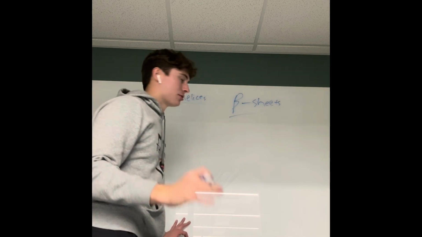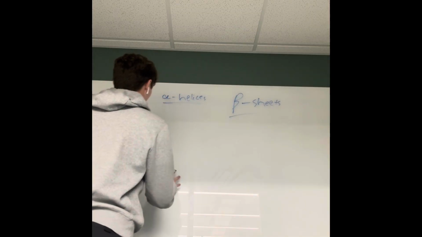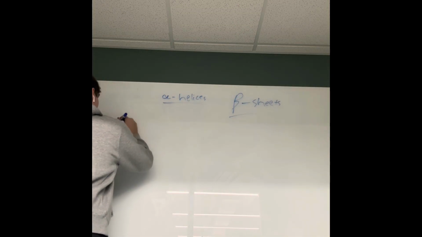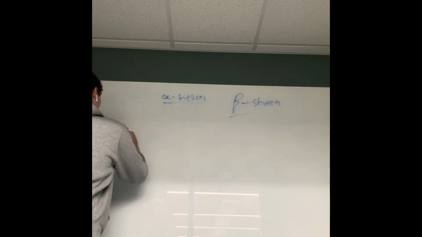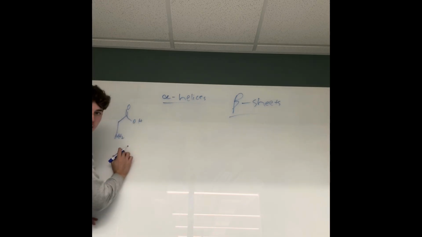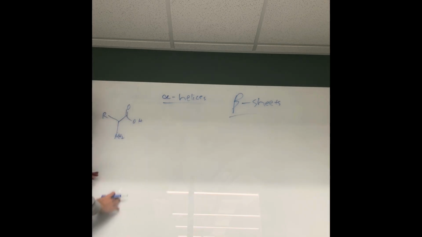An important thing to remember in understanding what these are and how they work is that they're driven by hydrogen bonding. When we think about what our amino acids look like, we had an NH2, C double bonded O, and an OH. This is what every amino acid looks like at a basic structure, and then we have our R group over here.